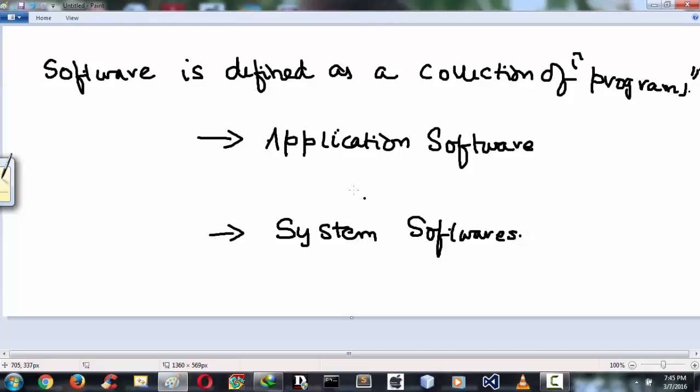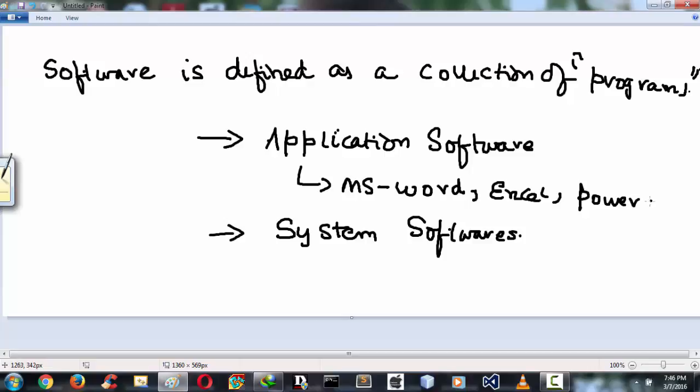Typical examples of application software are Microsoft Word, Excel, and PowerPoint. You are very familiar with all these things. If you have had some introduction to computers at school level, you might have been taught them.